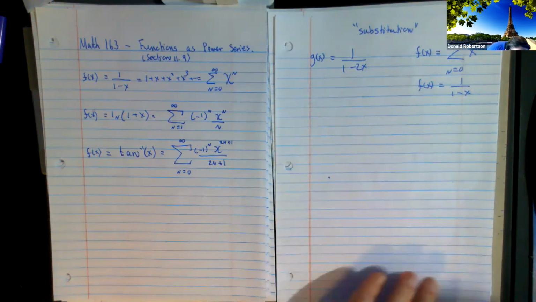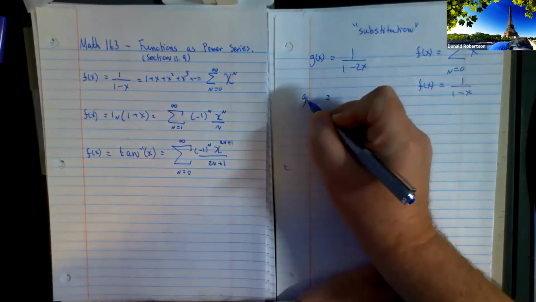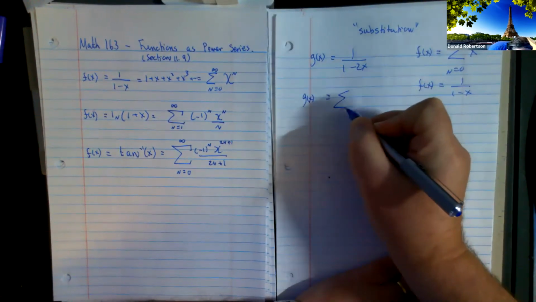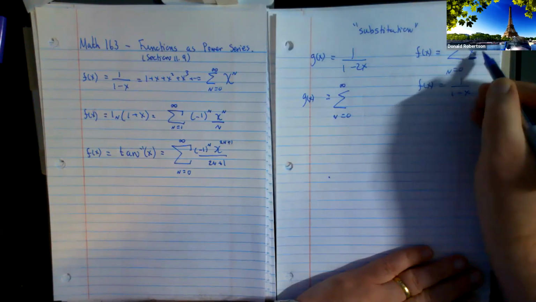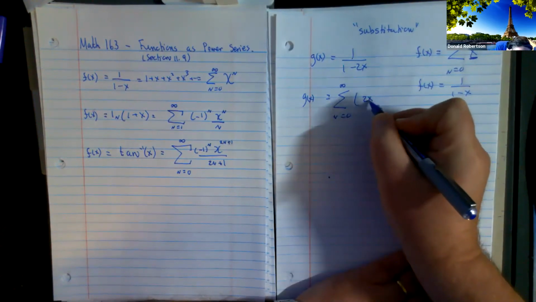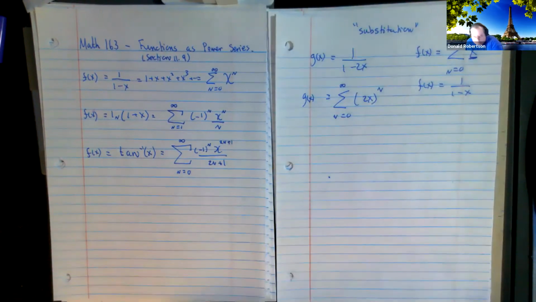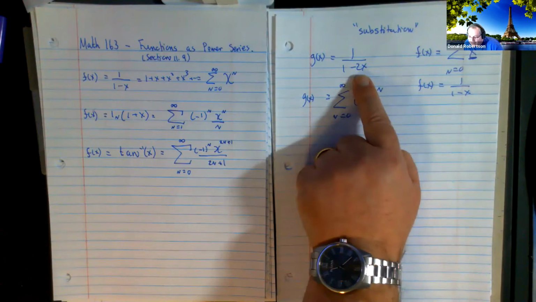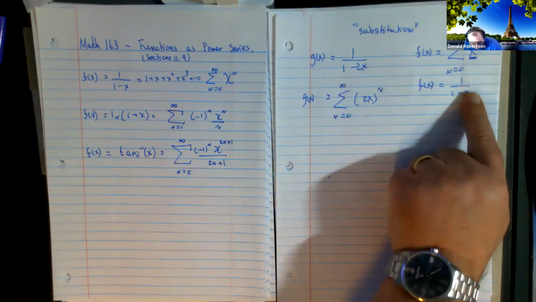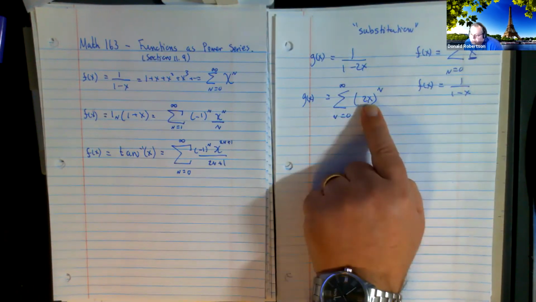Well, how will that affect its power series? Well, it's going to be n equals 0 to infinity. Whatever you give me to the n. Replace the x with 2x.